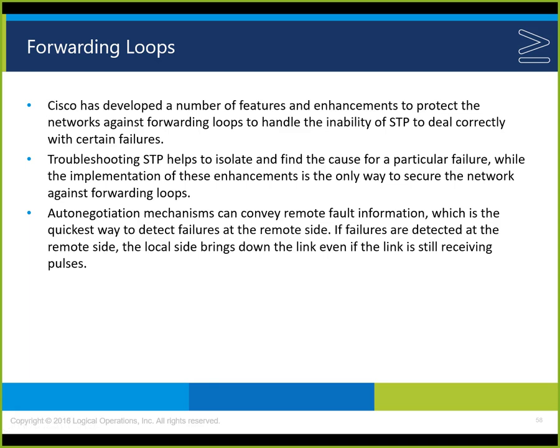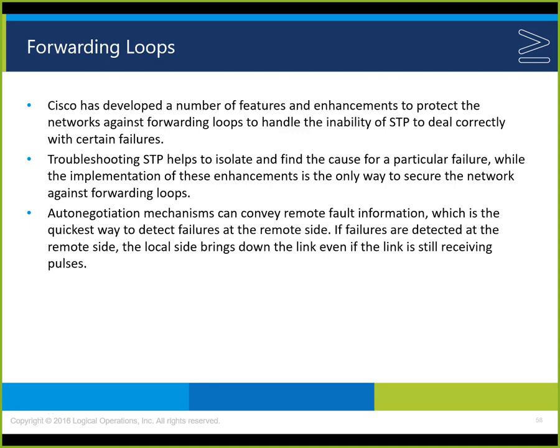There are a number of features and enhancements to protect the networks, and troubleshooting to isolate and find the cause of a particular failure. With the implementation of the enhancements, that's the only way to secure against forwarding loops. Auto negotiation mechanisms can convey remote fault information. This is the quickest way to detect failures on the remote side.